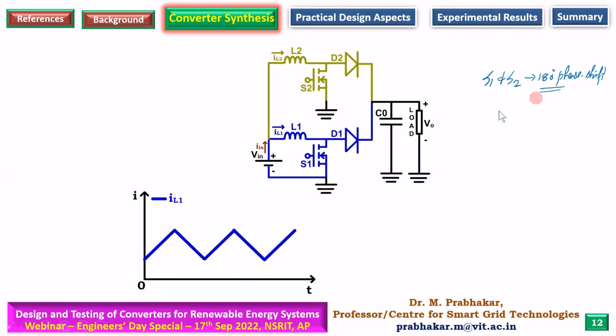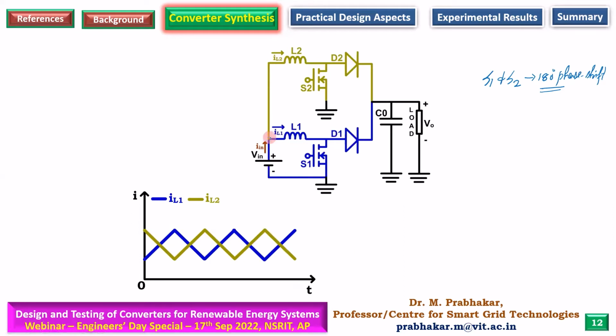Again, recollect that it is a classical boost converter. So when S1 is on, inductor current IL1 will rise. Similarly, when S2 is off, inductor current IL2 will decrease. So if we plot IL1 and IL2 over time, S1 is on, IL1 rises. S2 is off, so IL2 drops. Therefore, the current profiles will be like this.